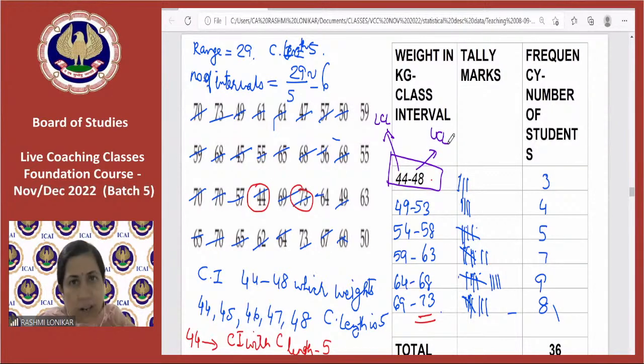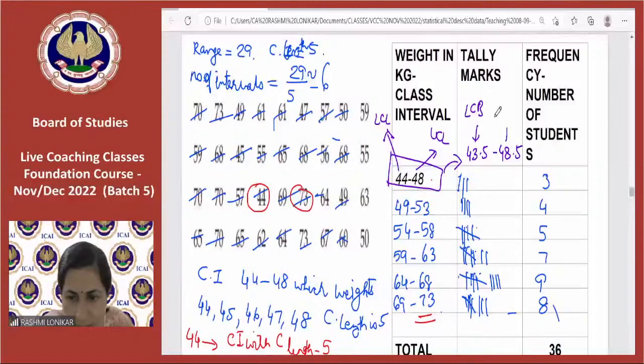I have to find it for the class interval, lower class limit and upper class limit. This now becomes 43.5 to 48.5, where this is the lower class boundary and this is the upper class boundary. Okay, this is now written as this.